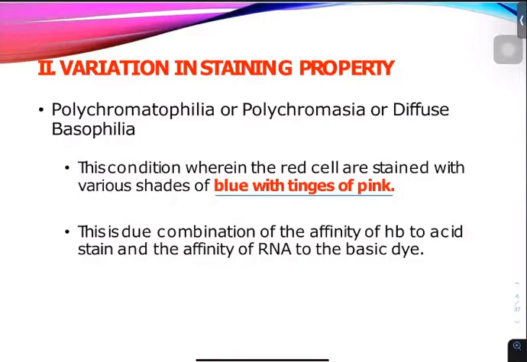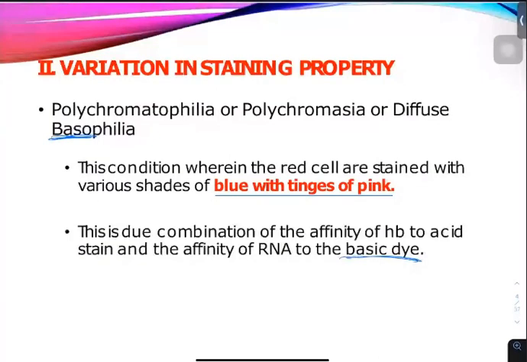Your RBC is an eosinophilic cell, so it should have taken only the eosin dye. But in polychromatophilia, polychromasia, or diffuse basophilia, your cell accumulates some of that basic dye. And what is the culprit for that? The RNA content of your RBC.